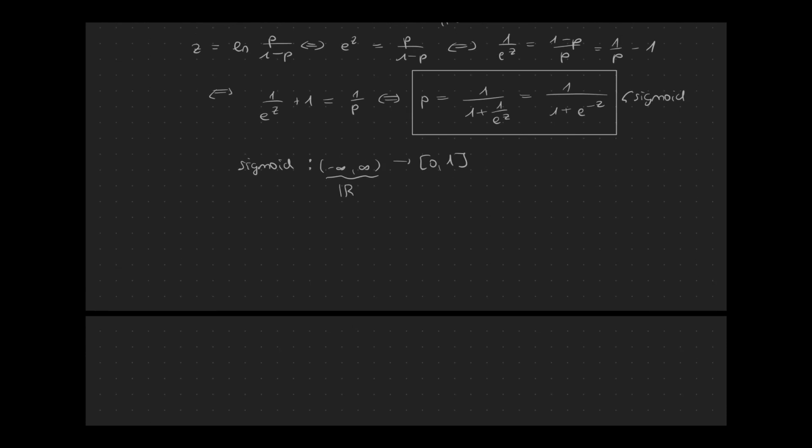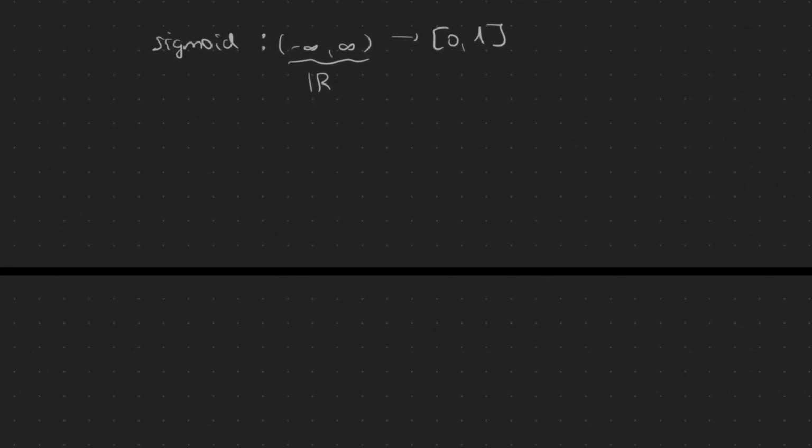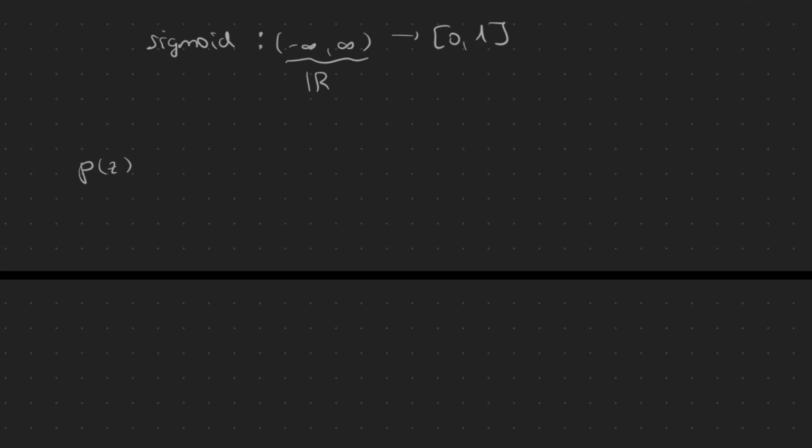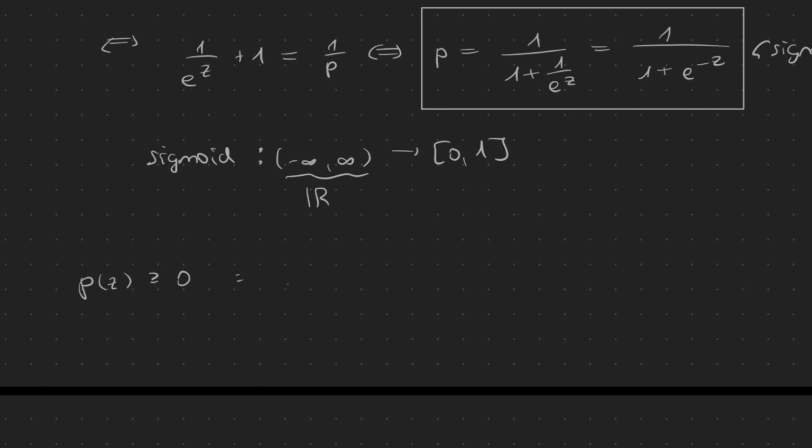And now we can ask the question: is this sigmoid function really a probability? Can it be considered as a probability? And yes, we can, because p of z is equal to or larger than 0. We can see that when we plug in the limit z going to minus infinity.